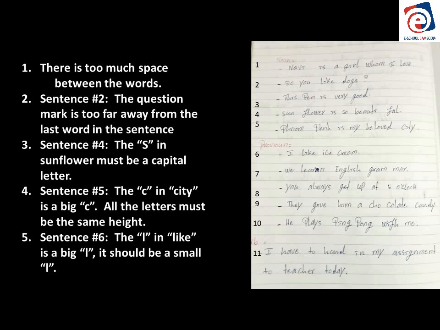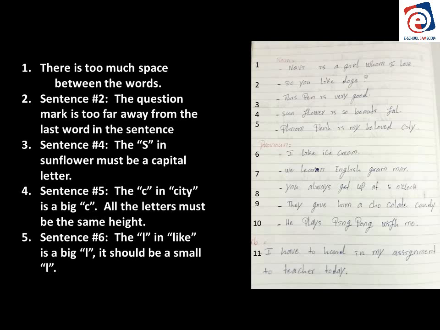If you look at sentence number 2, the question mark is too far away from the last word of the sentence. Remember, I told you the period, the exclamation mark, the question mark, they're very close to the last letter. This student put the question mark far away. That's not how we do it.